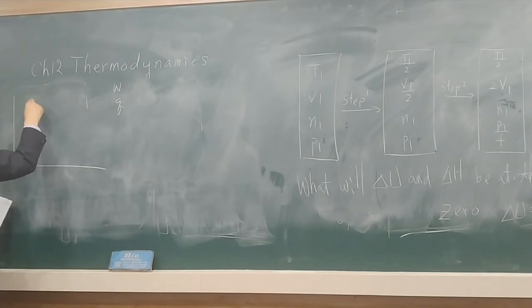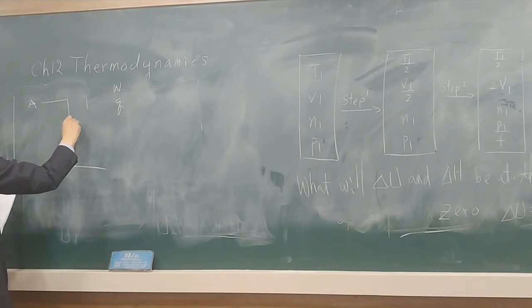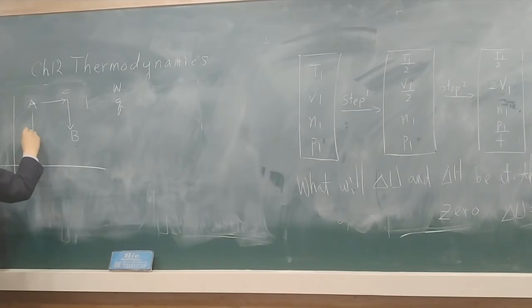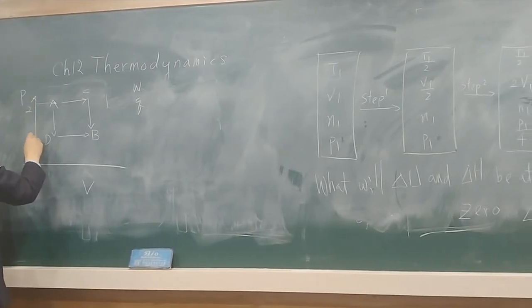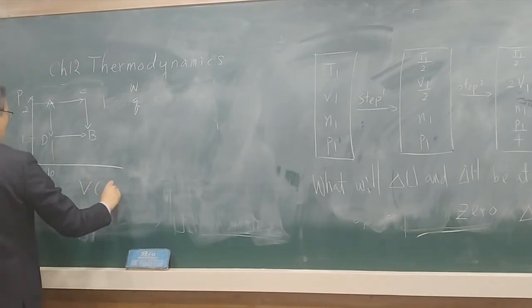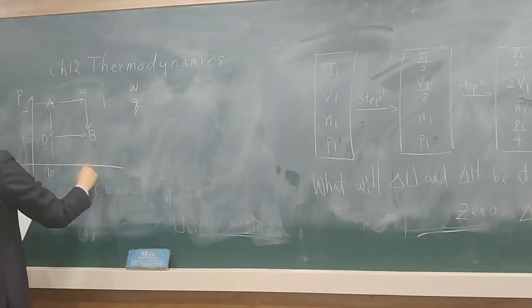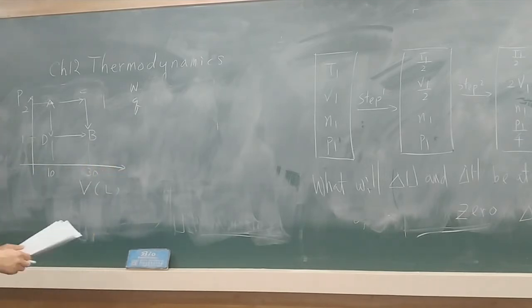In your textbook here, from A to B, this pathway goes through C to B, or D first and then to B. This axis is volume, this is the pressure. Pressure is 2 atmosphere, this is 1 atmosphere, here 10 liters, this is 30 liters. So you can calculate very easily.